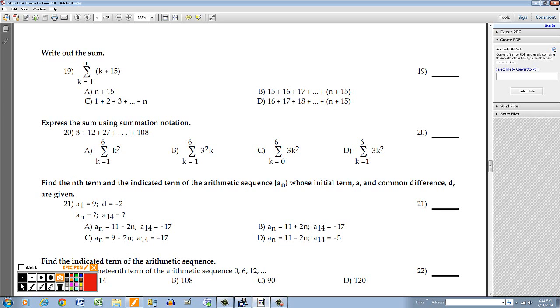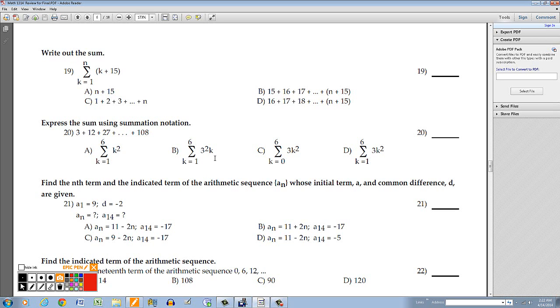Number 20. Just express the sum using summation notation. Okay. So since you're given the answers, just test those out. Okay. So this would say, okay, if I plug in a 1 there and square it, that should give me the first term, which is 1. Okay. It's not. It gives me 3. So you know that's not correct.